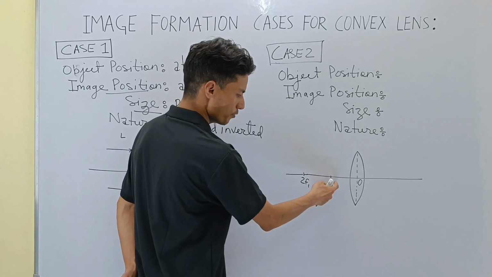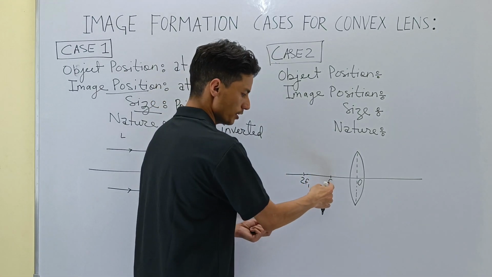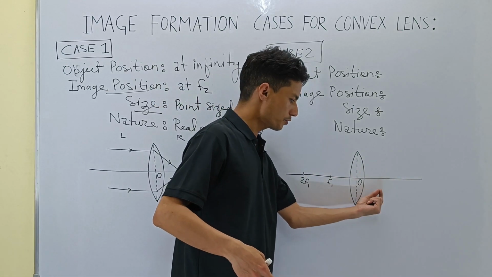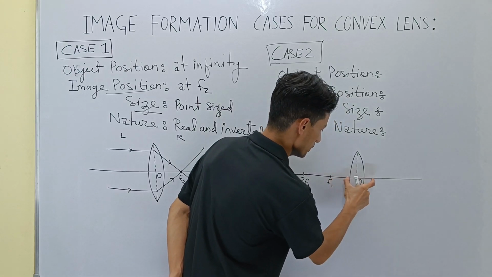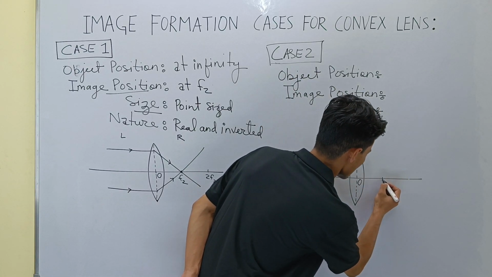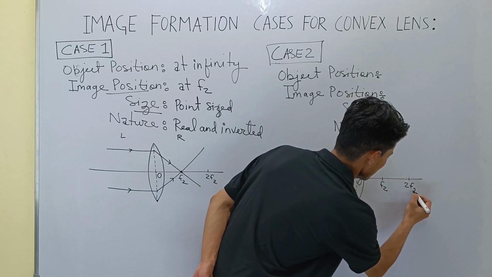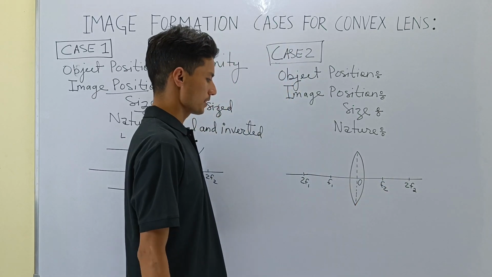Remember, the left side is for f1. So you have your f1, then you have your 2f1, and the right side belongs to f2. You'll have your f2 and your 2f2. So same distance, take it and go this side. Basically one time here and another one here. So you have your f2 and you'll have your 2f2. It is very important to mark these points on the principal axis.